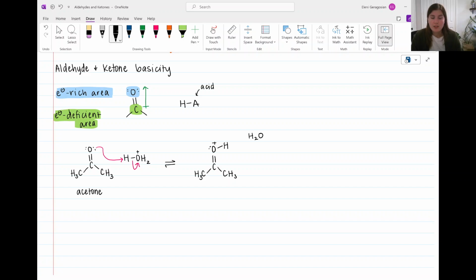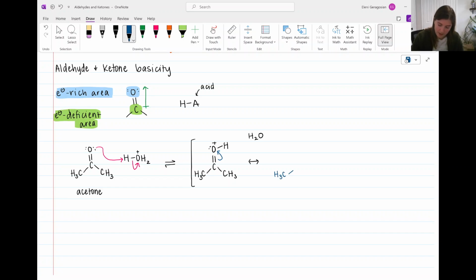We can shift the location of the positive charge through resonance, where we can say that in another resonance structure, the oxygen atom owns the electrons in the pi bond. So now we're doing resonance here. Let's draw what this resonance structure looks like.